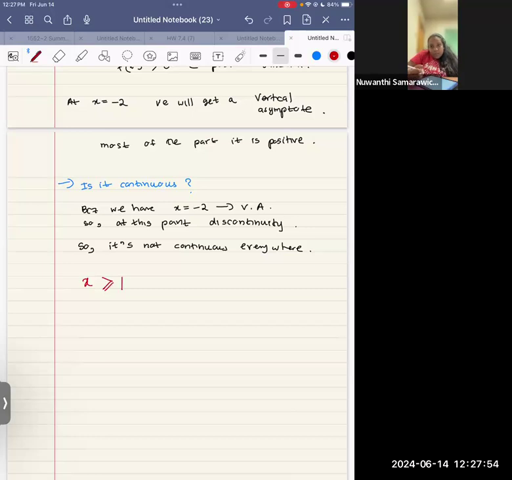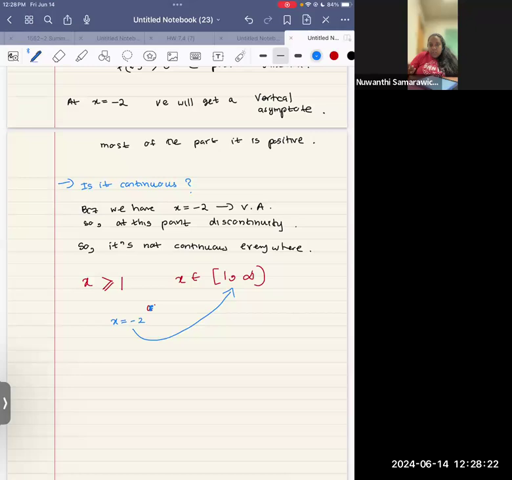So x should be between 1 and infinity. We found that at x equal to -2 it is discontinuous, but is -2 inside this interval? No, right?